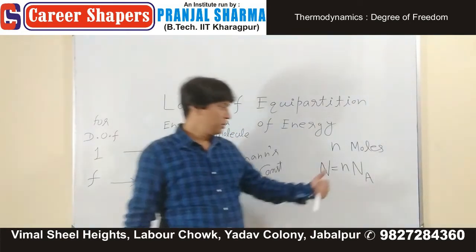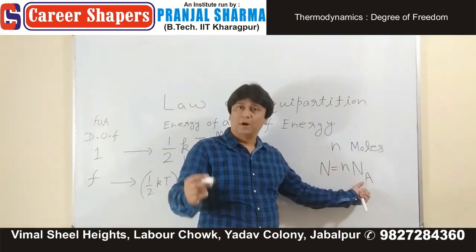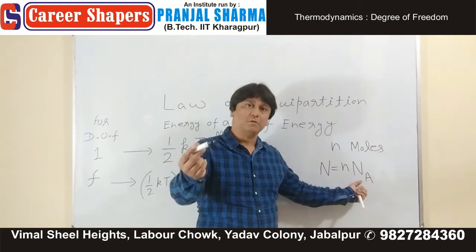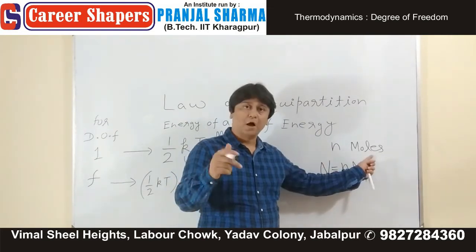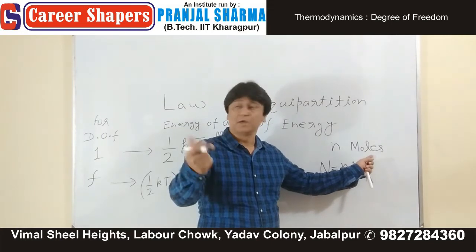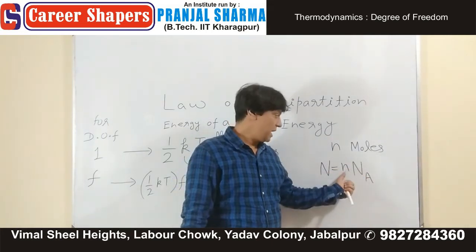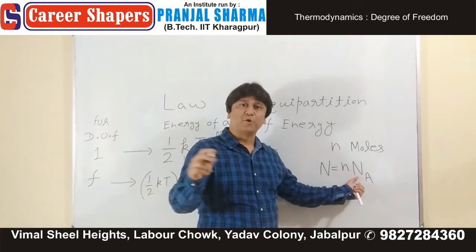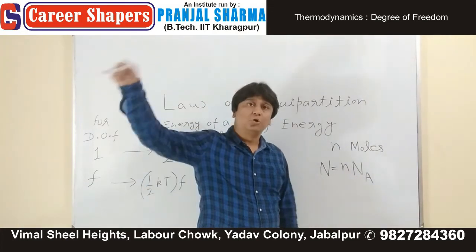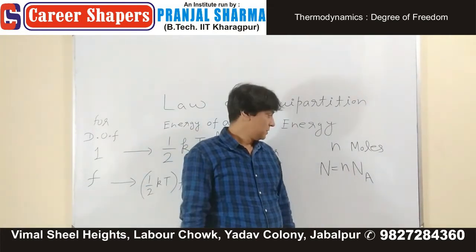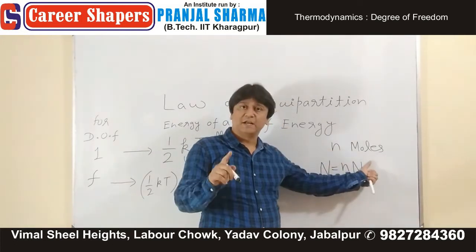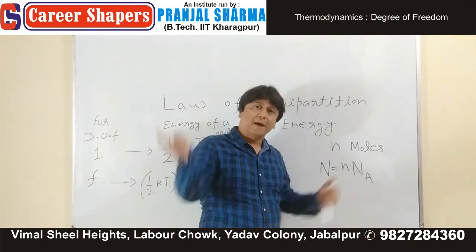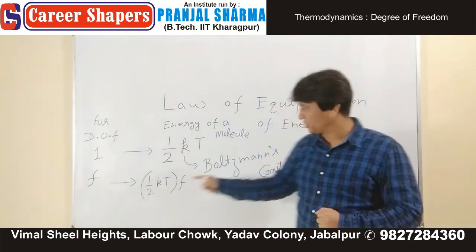Although I haven't taught you Avogadro number and all, but I know that you know these things. So, in n moles, how many molecules are present? n multiplied by Na, 6.022 into 10 to the power 23. These many molecules are present in n moles, and every molecule has this much energy.